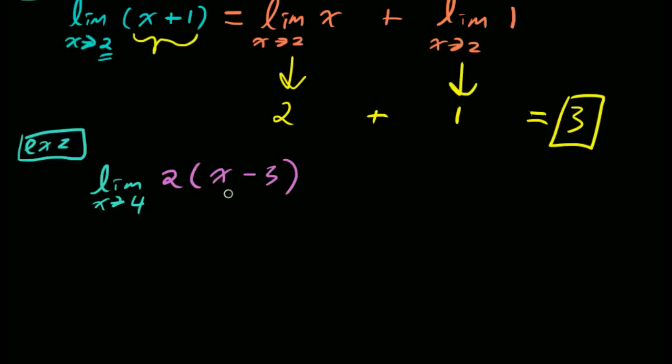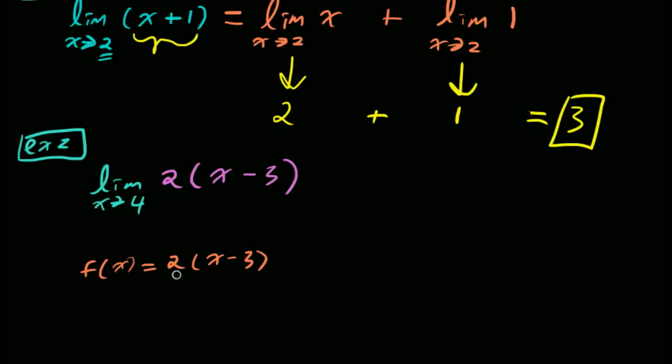Now you're probably thinking, there are a number of things that we could do here. If I just gave you this function, f of x is equal to 2 times x minus 3.